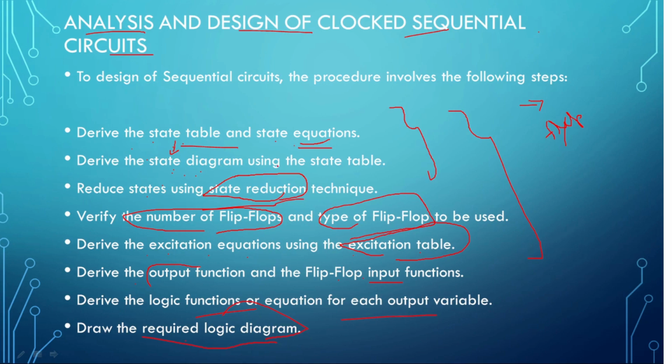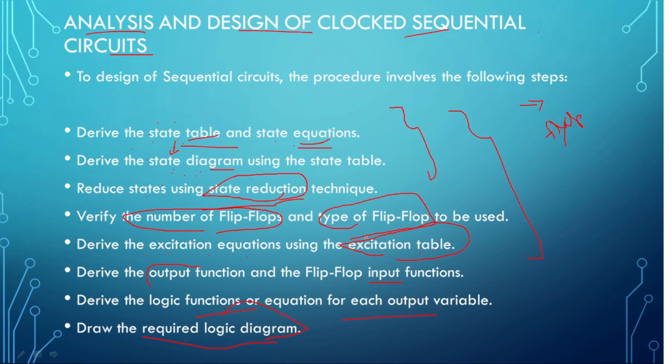This topic will be asked as a separate 2-mark question. They may ask what is meant by a state table or what is the use of a state diagram, and these are all important 2-mark questions asked in Unit 2 in the university exam. And what is meant by an excitation table?